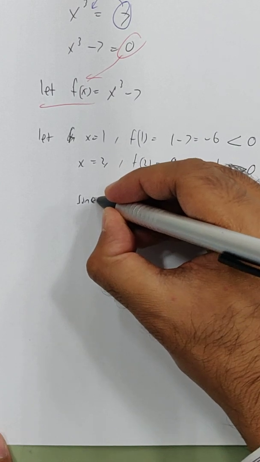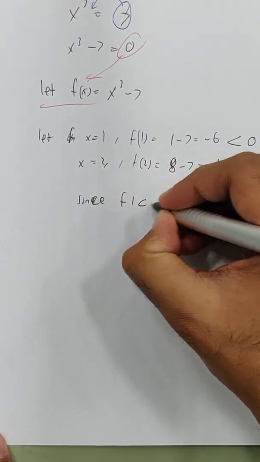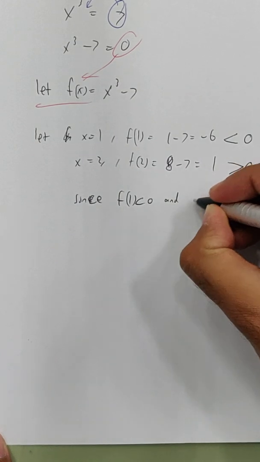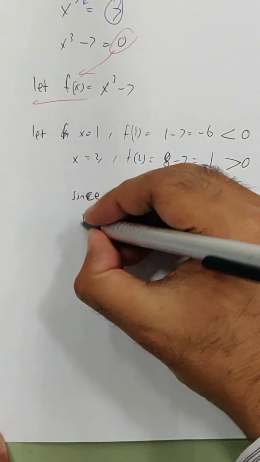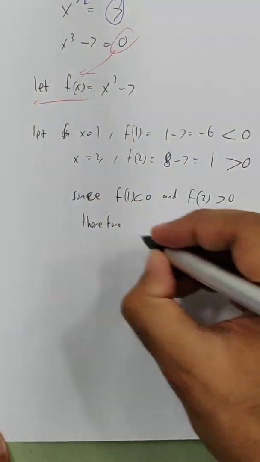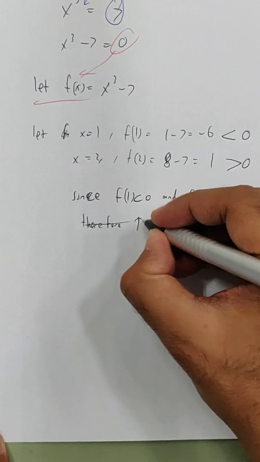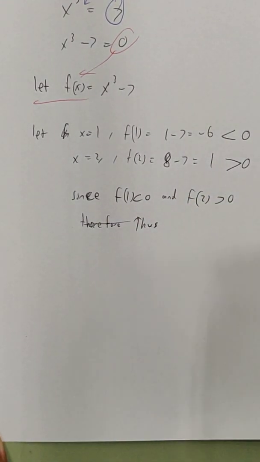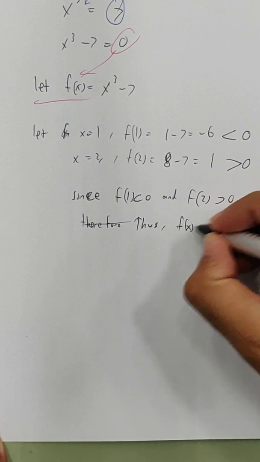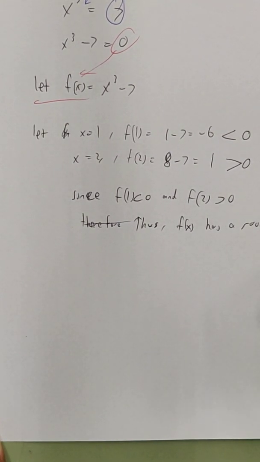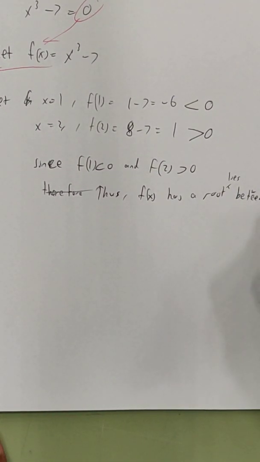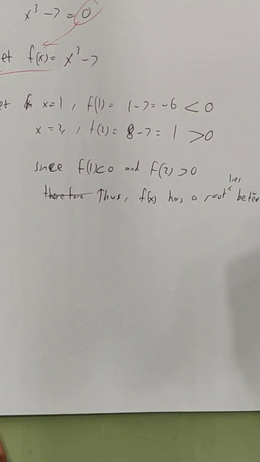Since f(1) is less than 0 and f(2) is more than 0, therefore, if you don't want to write down therefore because it's too long, sir, just dash. Shorter. f(x) has a root that lies between, my goodness, my English, 1 and 2.